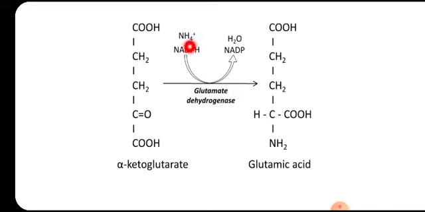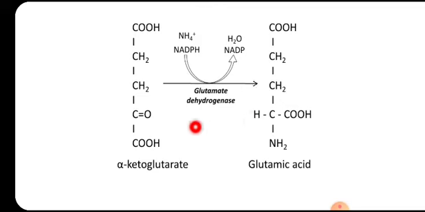And there is addition of an amino group, that is why it is called amination. We can see here that NADPH donates a hydrogen atom and gets converted to NADP, and there is removal of one molecule of water. NH4 is added here, that is NH2, and this becomes glutamic acid. You can see the basic structure of an amino acid: the central carbon, hydrogen, amino group, carboxyl group, and this is the R group.